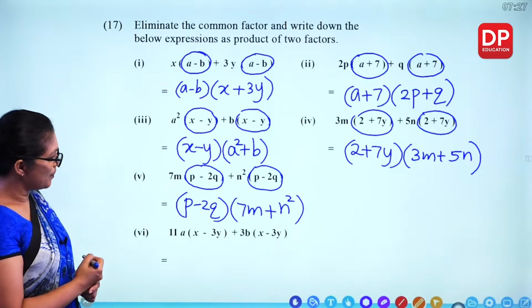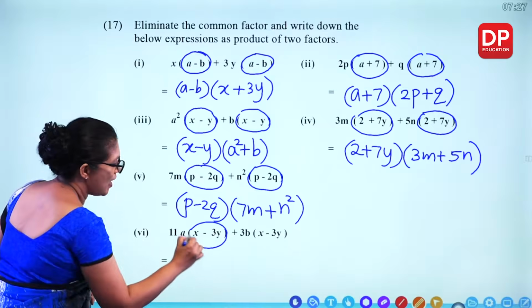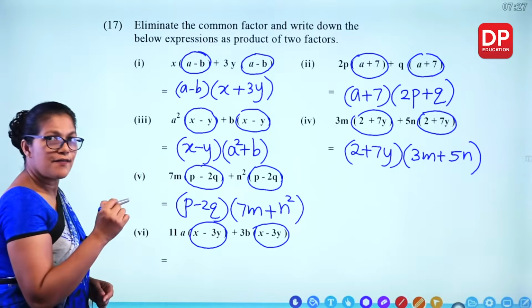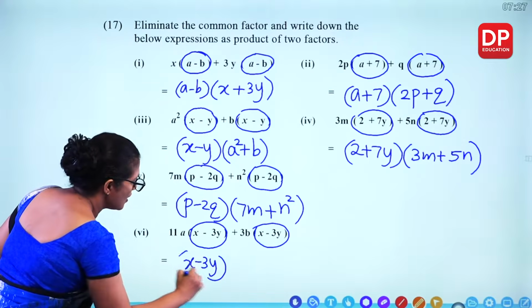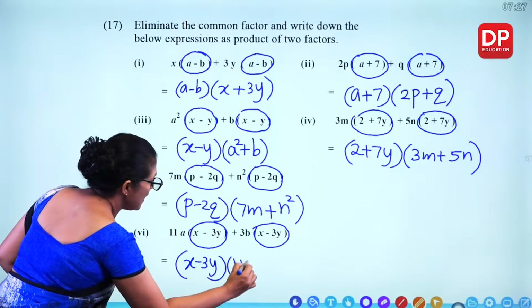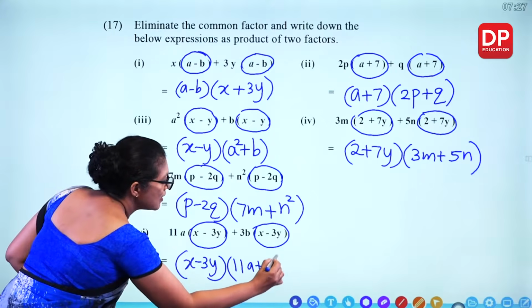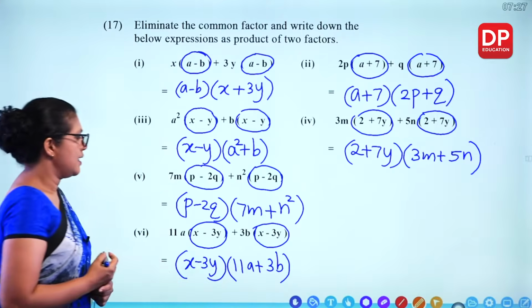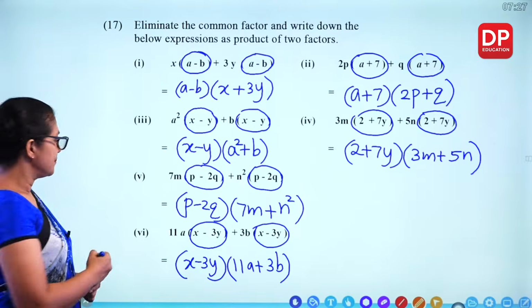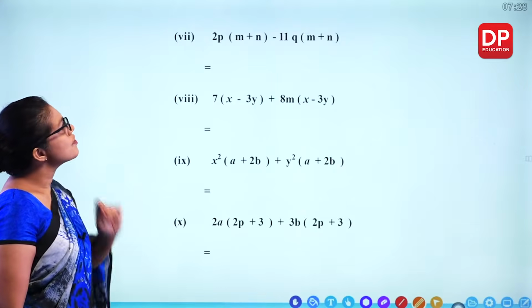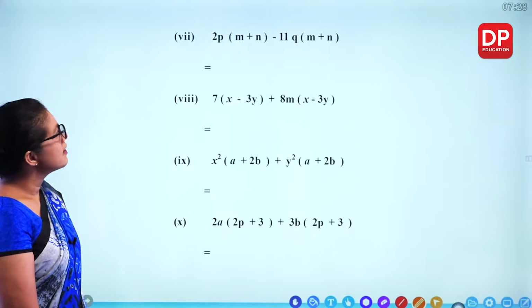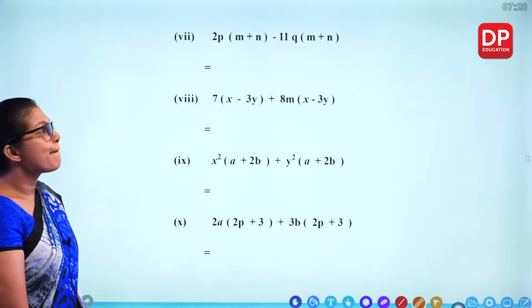This one, what's common? X minus 3y. So x minus 3y, take it out. And the remaining part, 11a plus 3b inside. Several questions are there related to that. So try to do those.